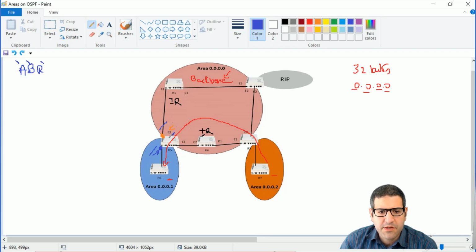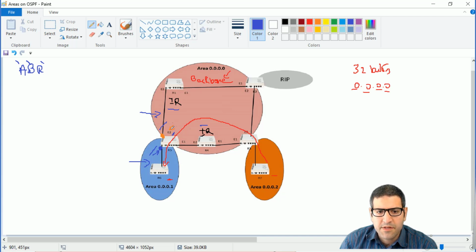So theoretically, the ABR router should have more CPU and more memory than other routers like the interior router. Because this router has connectivity with area 0 and area 1, it takes part in the process of area 0.0.0.0 when there is link state processing, like generation of LSA, LSDB, OSPF calculation, and so forth, and also inside this area.